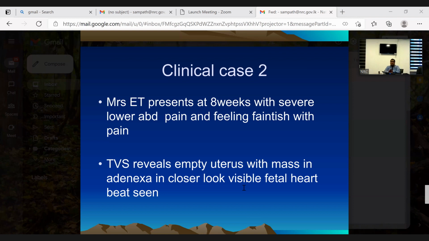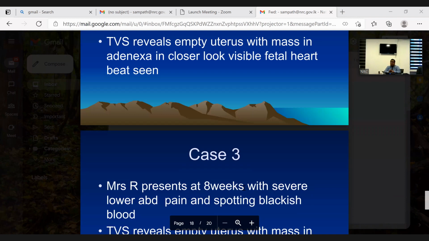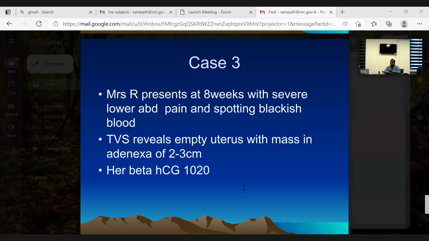Mrs. R presents at 8 weeks with severe lower abdominal pain and spotting blackish blood. Transvaginal scan reveals an empty uterus with a mass in the adnexa, 2 to 3 centimeters. So she is all right.